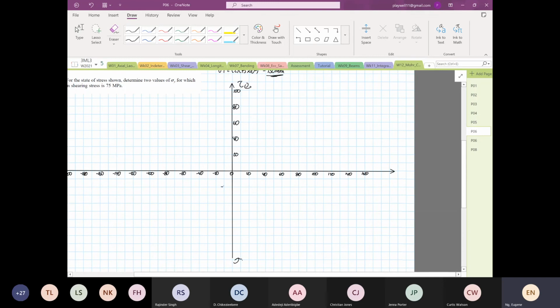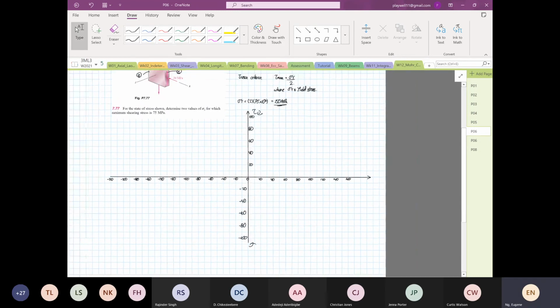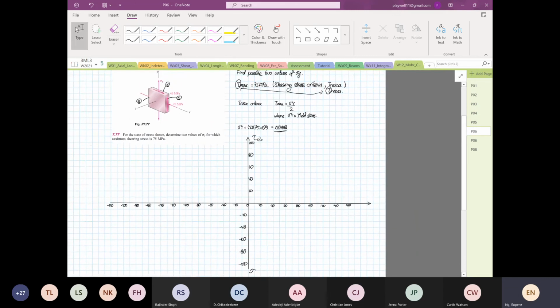So minus 20, minus 40, minus 60, minus 80, minus 100. Let's deal with these values first, the 75 and the 150. So I'm going to draw a box. The box goes from minus 150 to 75.